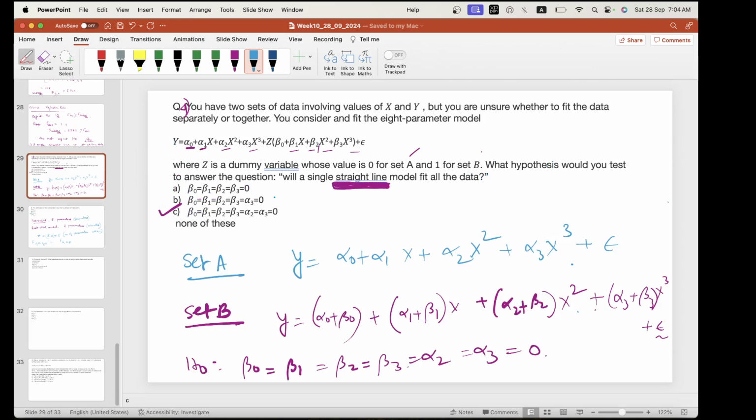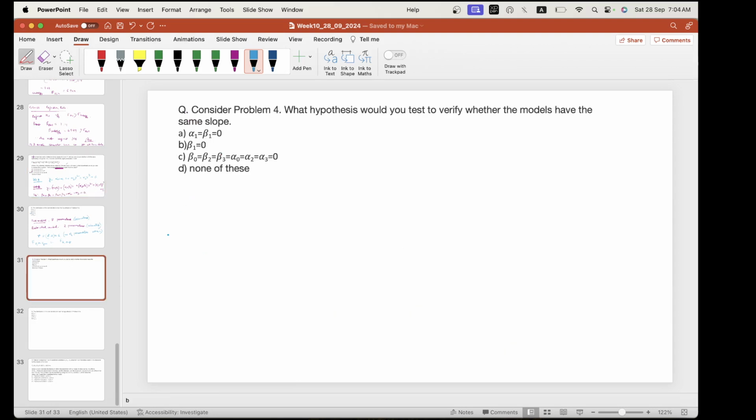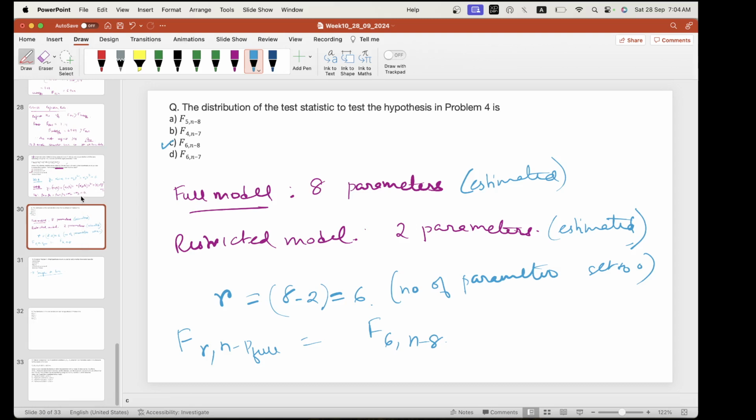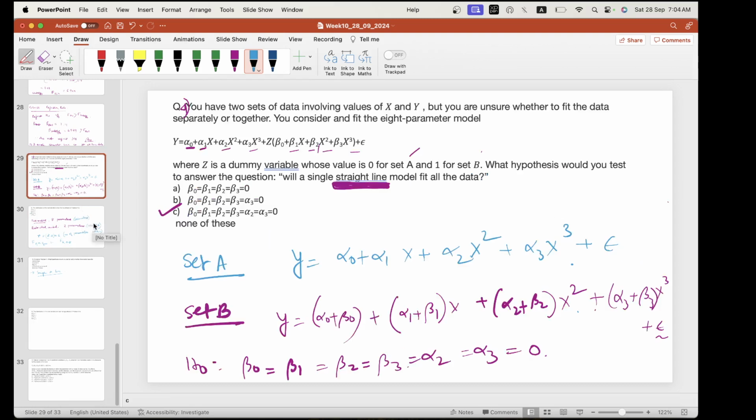So, if I am fitting a single straight line to fit all the data, then to test whether we have the same slope or not, all we need to test is beta 1 equal to 0.